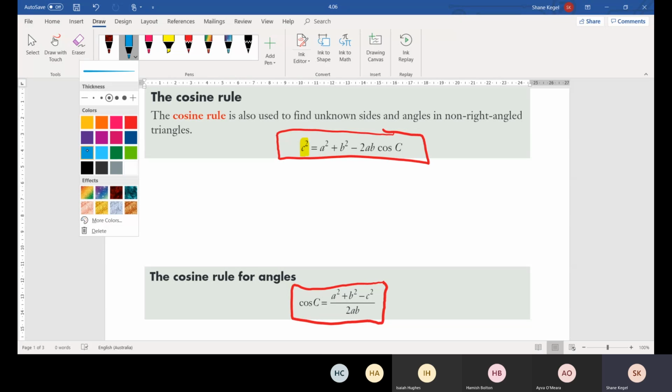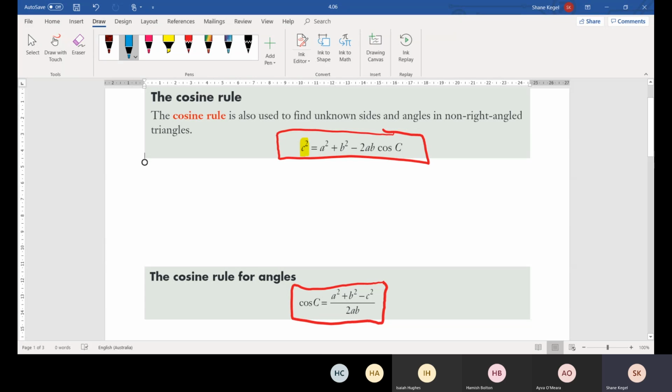So let's have a look at what that looks like. If I were to rearrange this equation to find my cosine for angles equation, basically what I've done is I've just brought this across by adding it to both sides. So we get c squared plus 2ab cos c gives us our a squared plus b squared.